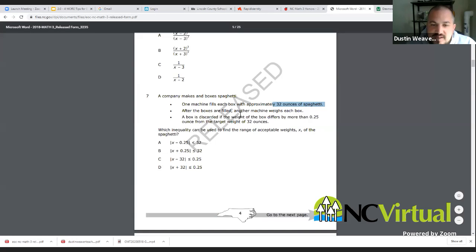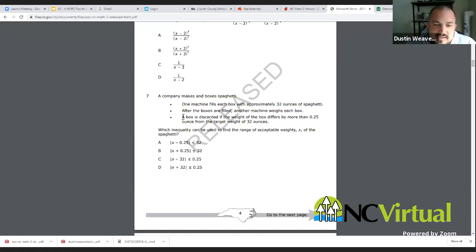After the boxes are filled, another machine weighs each box. A box is discarded if the weight of the box differs by more than 0.25 ounces from the target weight of 32 ounces. Which inequality can be used to find the range of acceptable weights of the spaghetti?